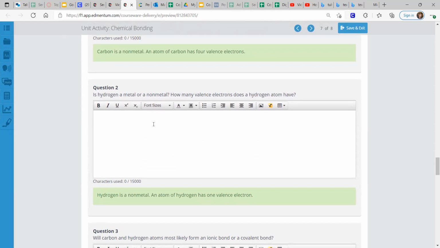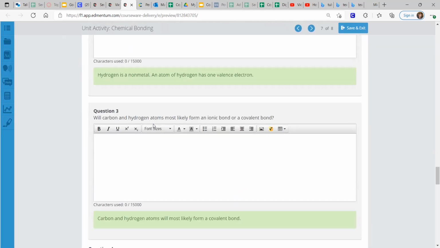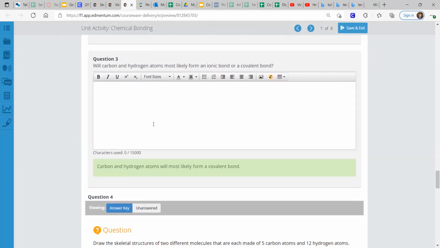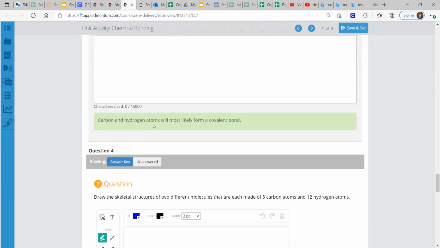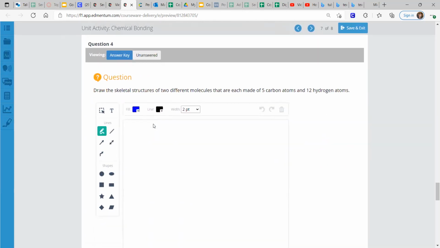An atom of hydrogen has only 1 valence electron. Will carbon and hydrogen atoms most likely form an ionic bond or a covalent bond? Well, they are both nonmetals and they will more than likely form a covalent bond.